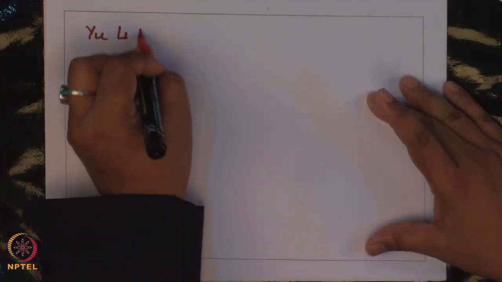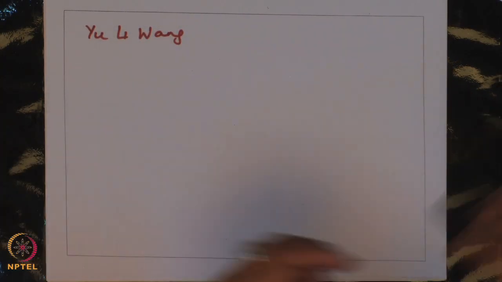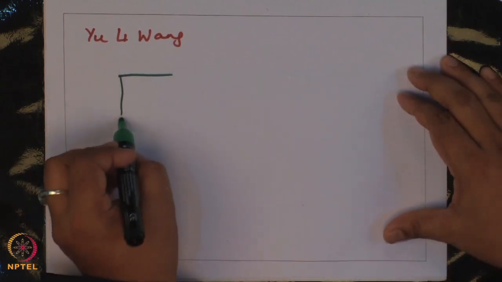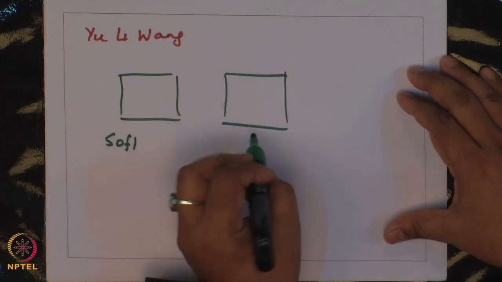Okay. One of the very first studies which attempted to understand this question was done by Yuli Wang. So, what he did was he created two substrates, one was soft and one was stiff.